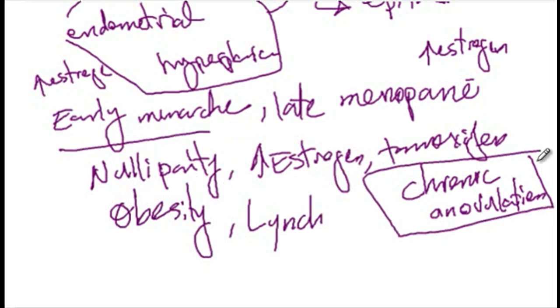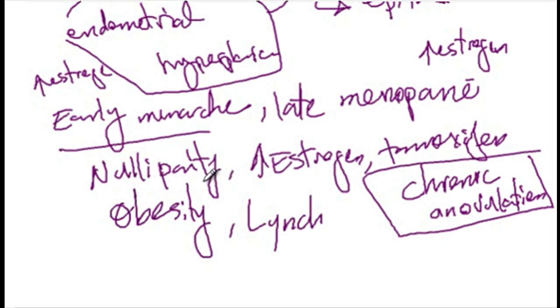Nulliparity and chronic anovulation are due to the low level of progesterone in these patients. So patients that have chronic anovulation have high estrogen with no opposing progesterone. So therefore it increases again the risk of this type of cancer. Nulliparity means that these patients had no children. During pregnancy, there is an increased level of progesterone, but patients that had no kids have low levels of progesterone exposure during their lifetime compared to those who have kids.